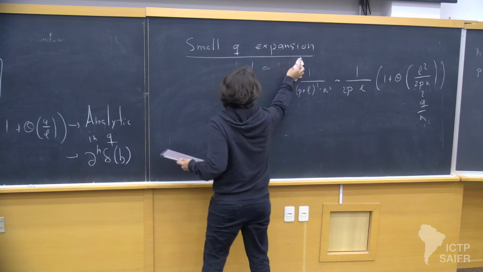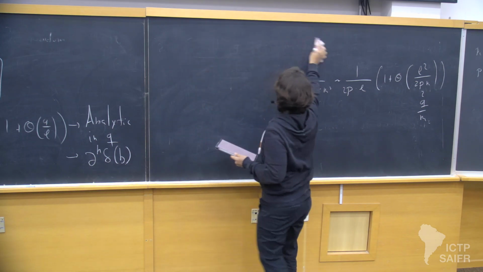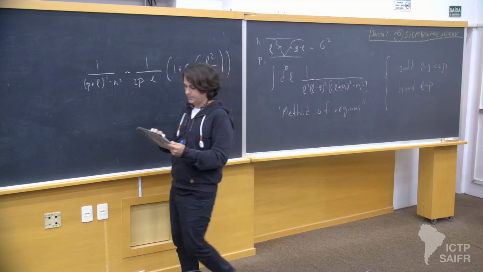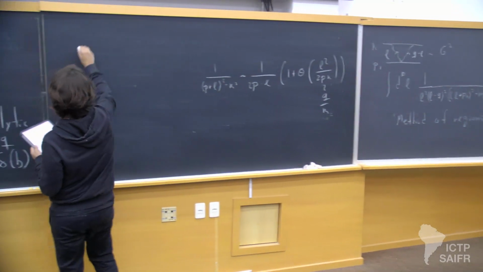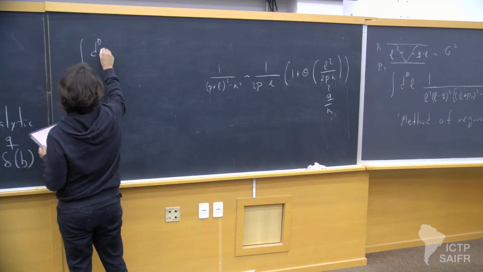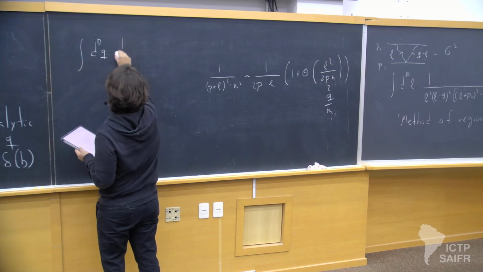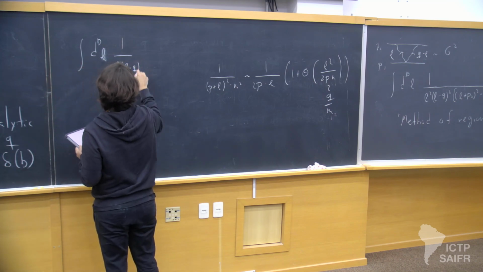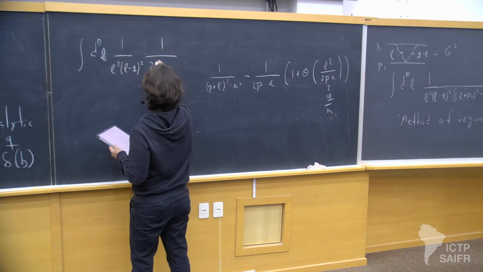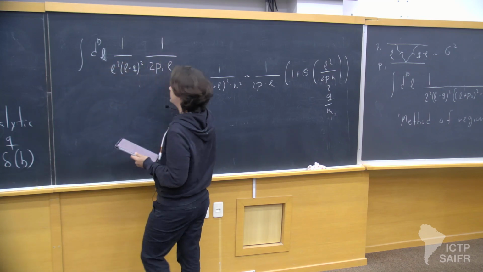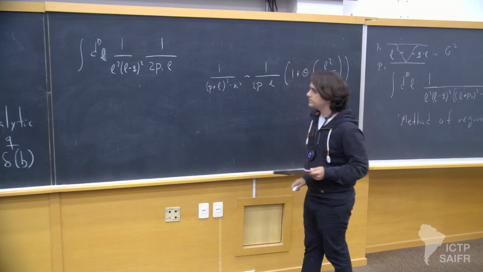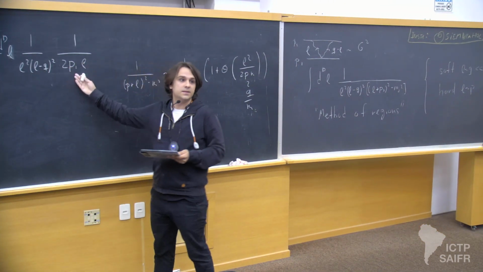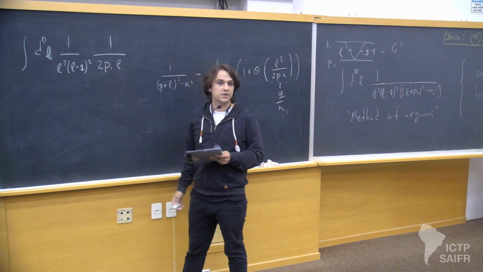Now let's look at the soft region. So the soft region is precisely when this expansion happens. And this will be nice because now in the soft region, the integral will be very nice because I just have 1 over L squared (L minus Q) squared, and then 1 over 2 P2 dot L plus corrections. And now this is homogeneous in the mass or in the energy of this particle. Okay?